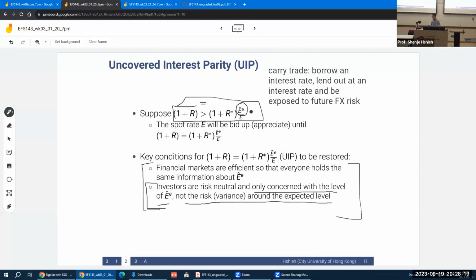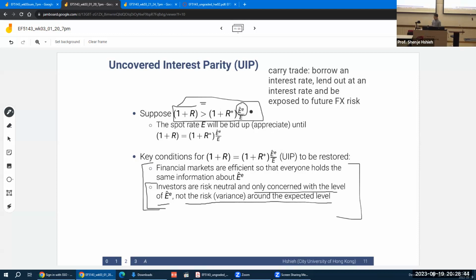To summarize, in order to swap out F for E hat E, you have to believe markets are efficient at aggregating the universe of information, and everyone has the same information set. No asymmetric information. There's nobody withholding information from the markets, and therefore people are on average pretty good at predicting what the future value should be.